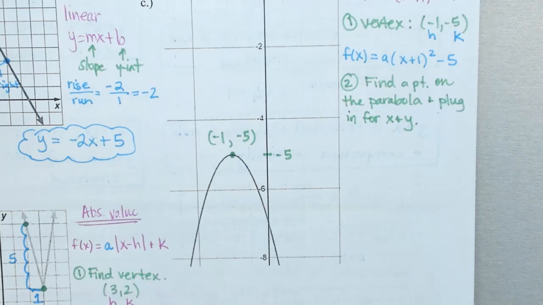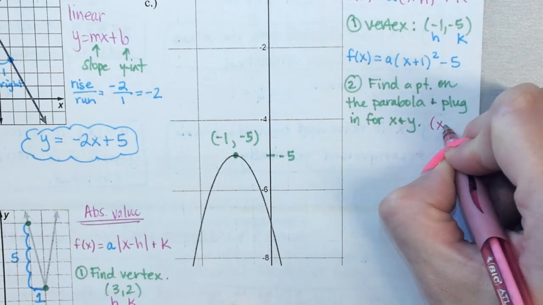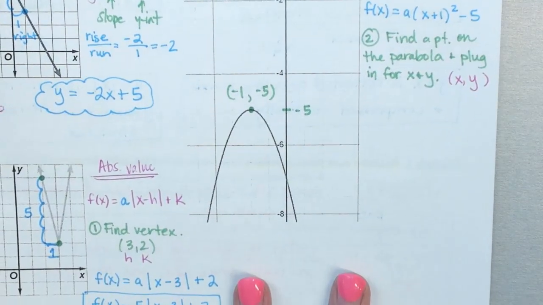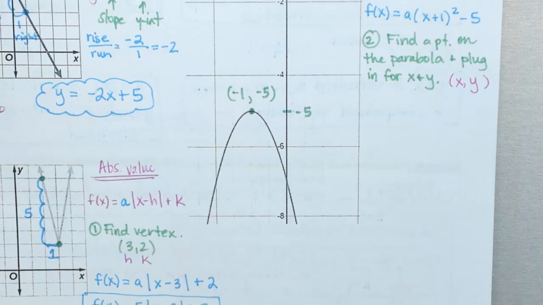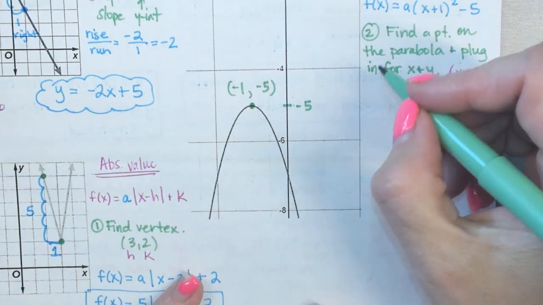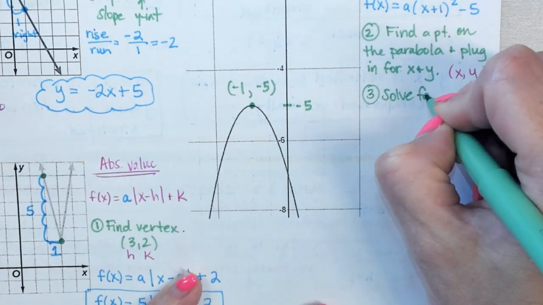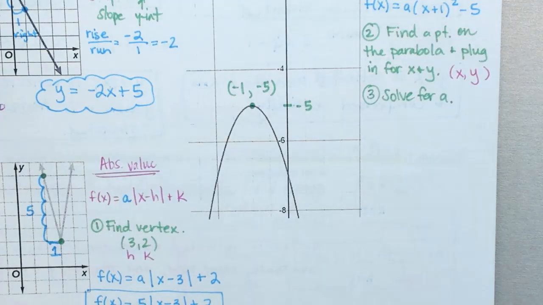So you're going to have to show your work for finding your point and plugging that in for x and y. It can be any point that is on the parabola, and there's actually a couple of them on there that are great points. And then once you plug those in, you are going to solve for a.